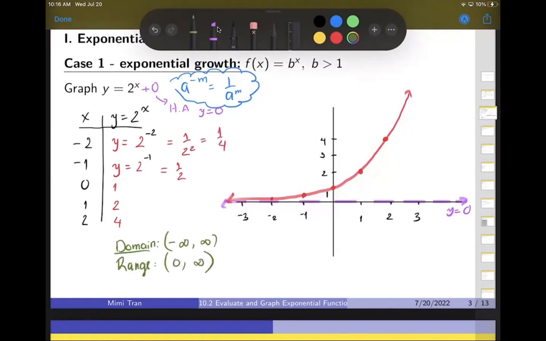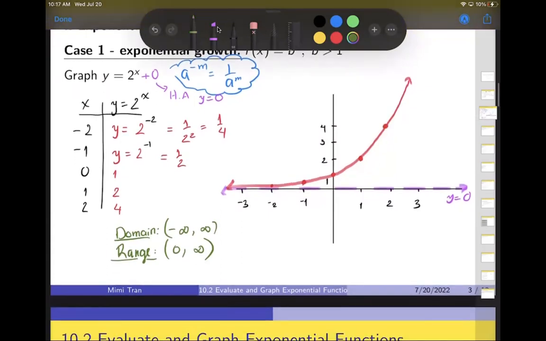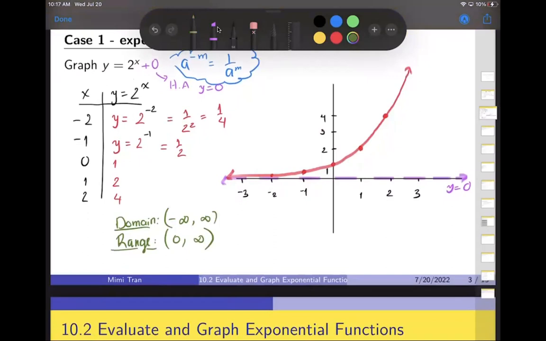Now, the domain is always -infinity to +infinity, but the range can change, depending on how your graph shifts, shift up or shift down. Right now, because the horizontal asymptote is y equals 0, the range is from 0 onward. But later on, we're going to shift the graph, so the range will shift as well.